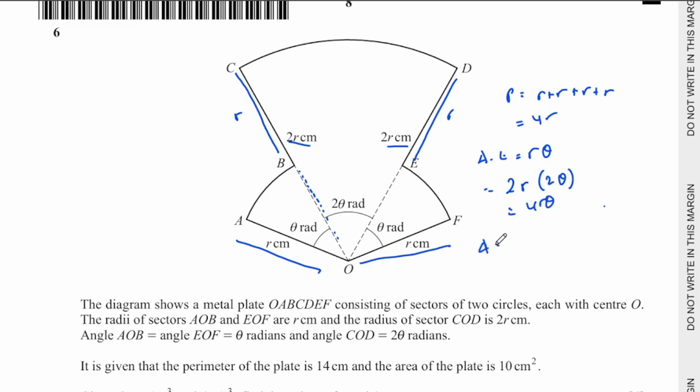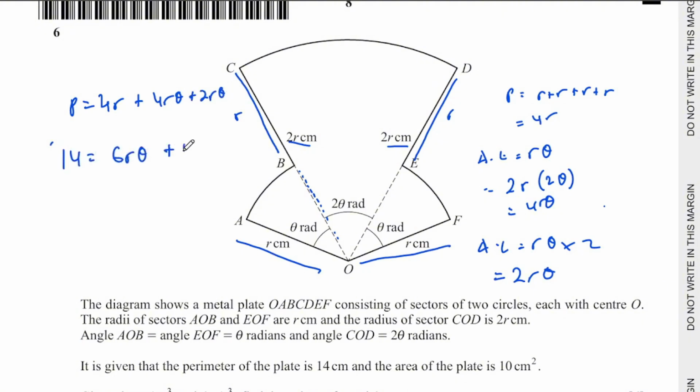And for the smaller one, r theta, you have 2 of those arc lengths, so times 2, which is 2r theta. So at the end of it, the perimeter will equal 4r plus 4r theta plus 2r theta, which is just 6r theta. So perimeter, which is 14, equals 6r theta plus 4r.